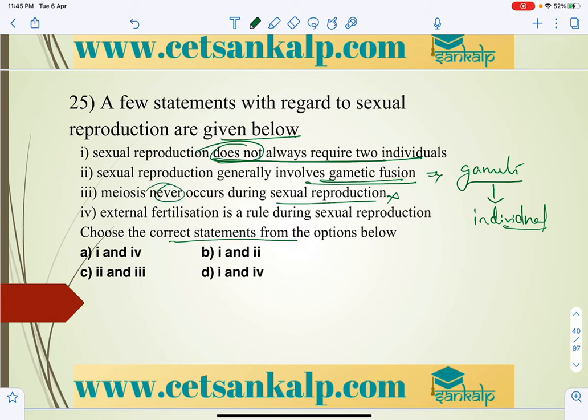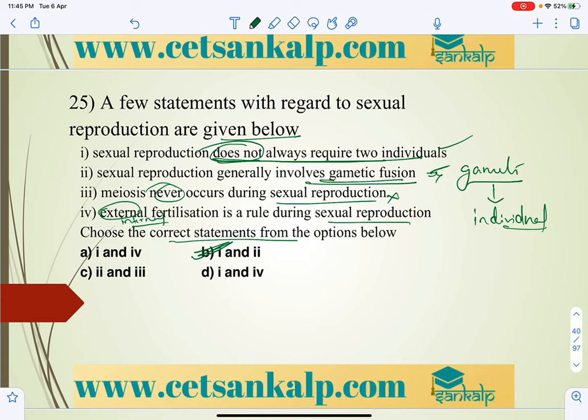External fertilization is a rule during sexual reproduction. It's not that it should always be external. Internal fertilization is a rule during sexual reproduction, so both 1 and 2 we can consider as correct statements with regard to sexual reproduction. So the answer is statements 1 and 2.